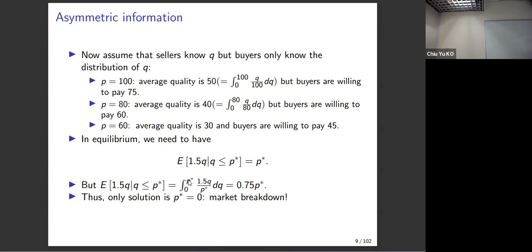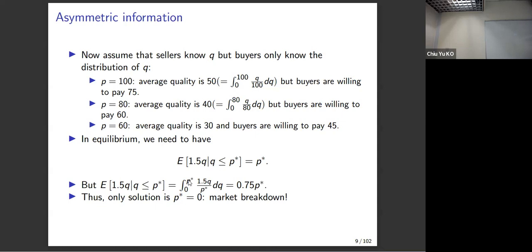What's funny in this model, in particular, is when we have a uniform distribution and buyers still think it's uniform. In this equilibrium, where the buyer thinks of it as uniform, you can solve this model.